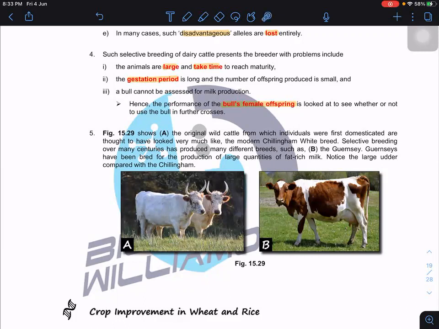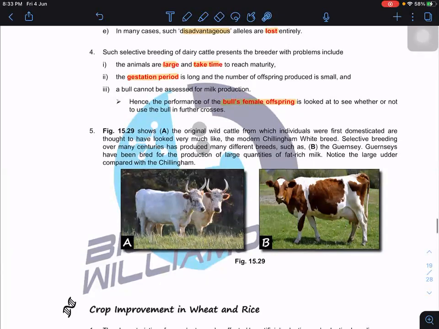So you can see that now these two populations are totally different. This is the original wild cattle. After many years of domestication, we created different varieties of cattle.